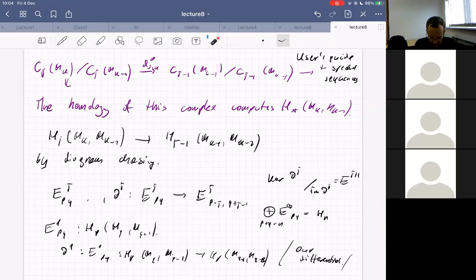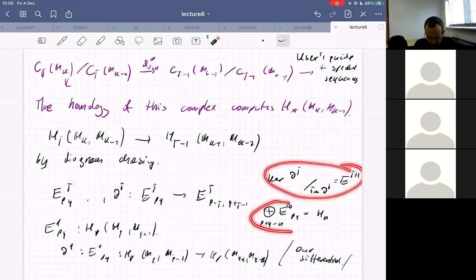But the upshot is that the total homology, each time you define this space, that you iterate the procedure, and the total space is the homology group.